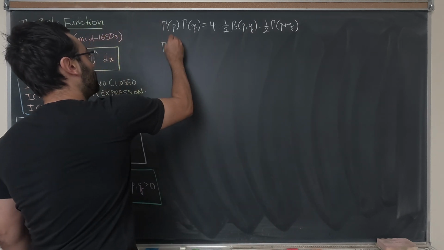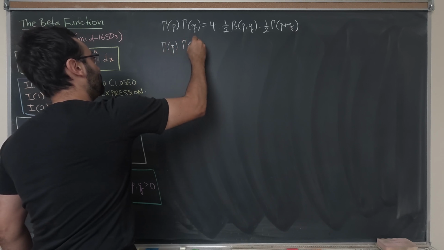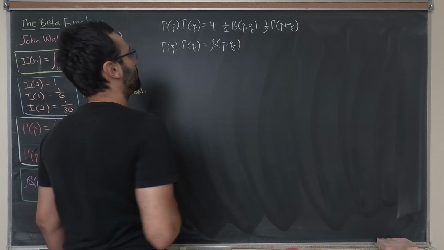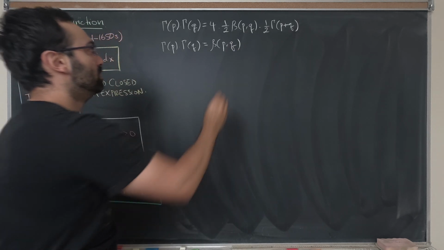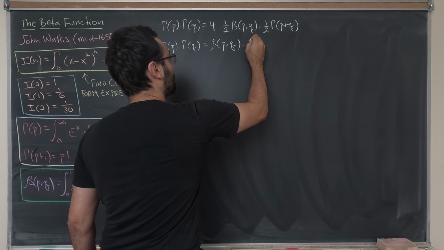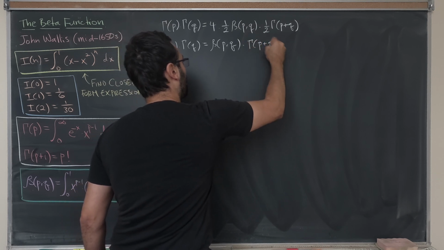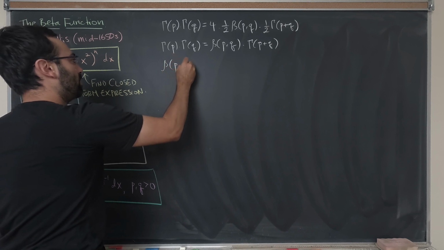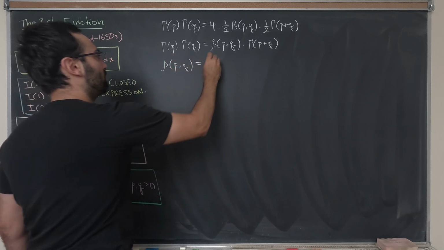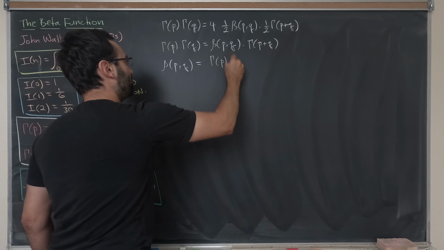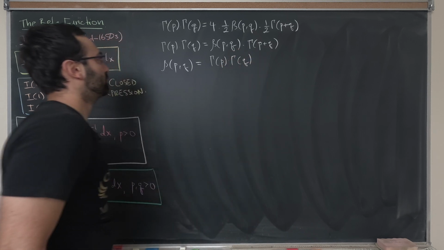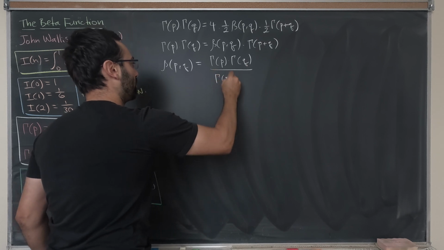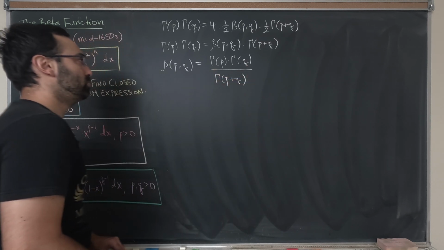So we get gamma of p times gamma of q equals beta of p, q times gamma of p plus q. Well, that means beta of p, q is nothing more than gamma of p times gamma of q divided by gamma of p plus q. Okay, great.